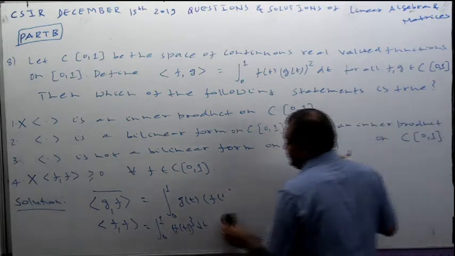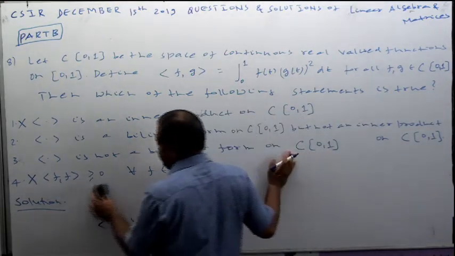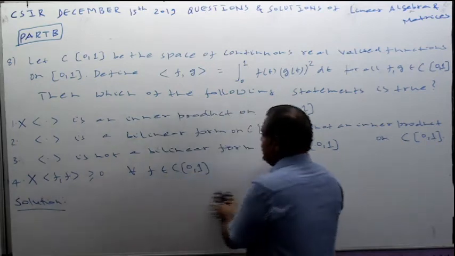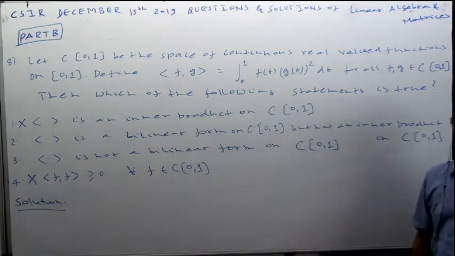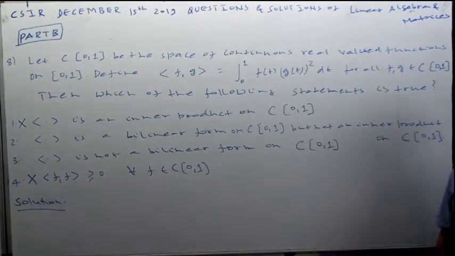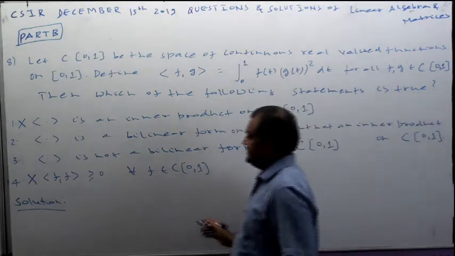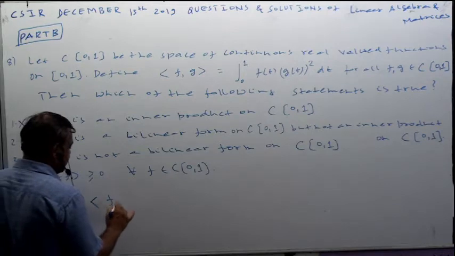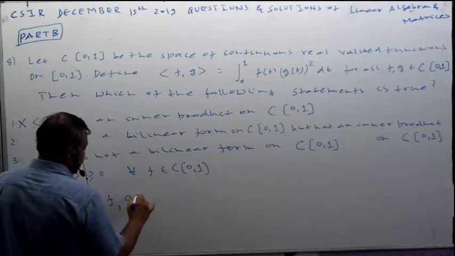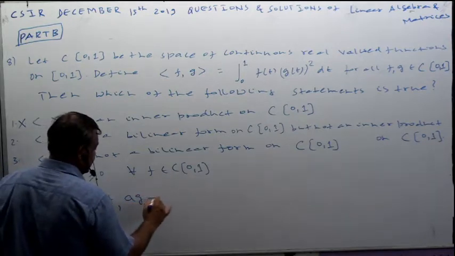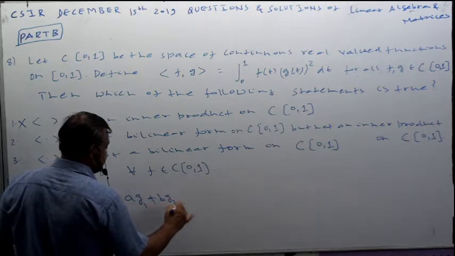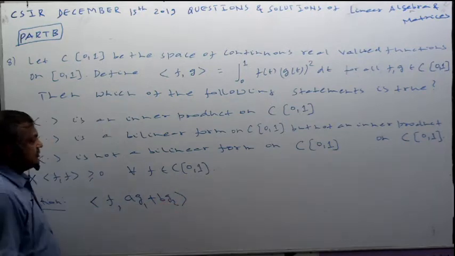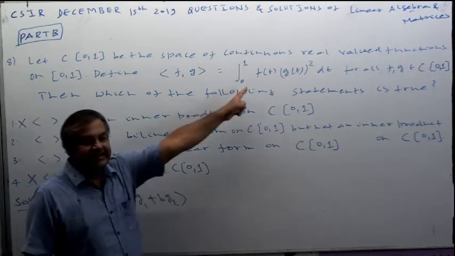Now we have to check about bilinear form. Bilinear, you know, from both sides it should be linear. Now let me write inner product of f, a g1 plus b g2. Because from left side it is linear.